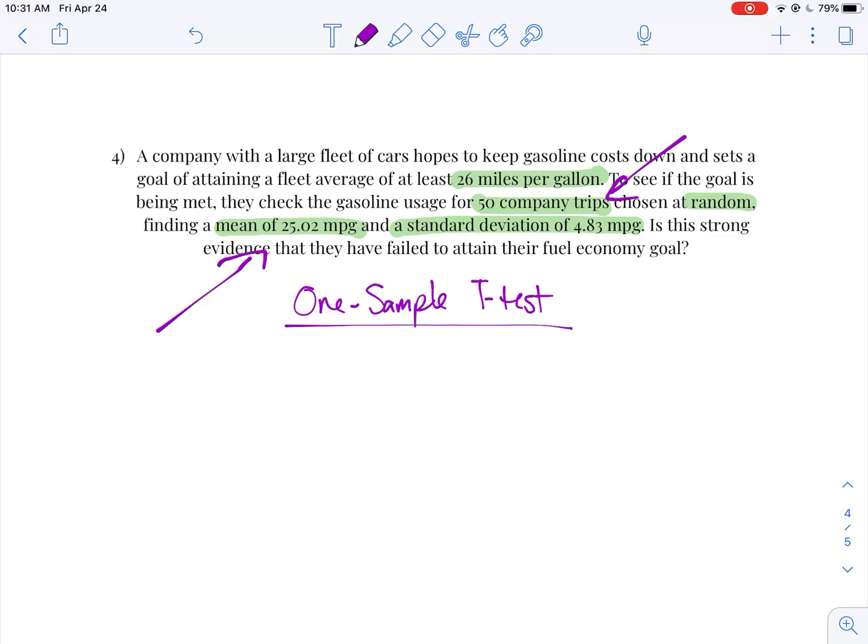So let's go through our null and our alternate here. Our null hypothesis says they have a goal of obtaining at least 26 miles per gallon, so my null is going to be 26 mpg.